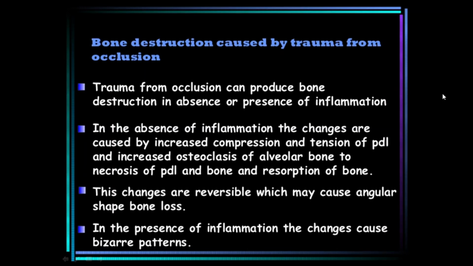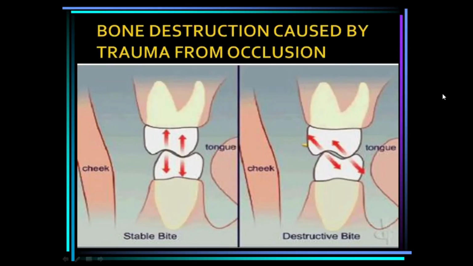What exactly is the meaning of this? Bone destruction that can be seen in trauma from occlusion can be explained in a way that normally, when someone occludes in centric relation, basically it's an occlusal table and the forces should be equally distributed on the surface of the tooth.